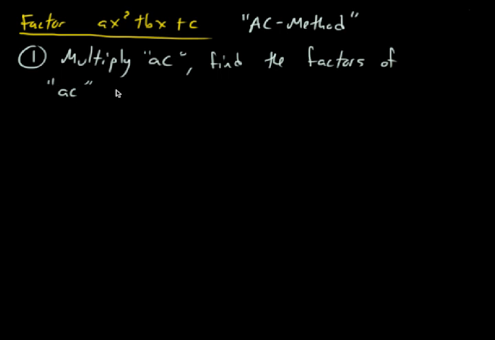Those are my little quotes, that add or subtract to B. And the add or subtract is determined based off of the sign of AC. So if AC multiplies to be a positive number, then we'd find the factors that add. If AC is a product that gives me a negative, then I'd be interested in the ones that subtract to be B. So far nothing too different than our previous factoring method.